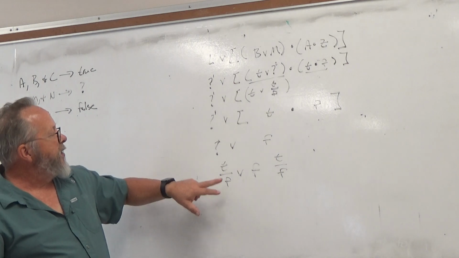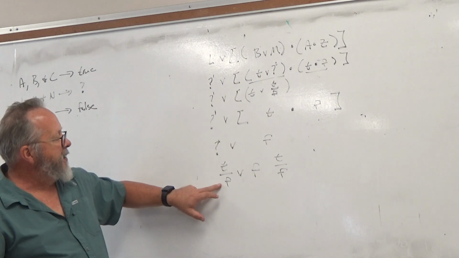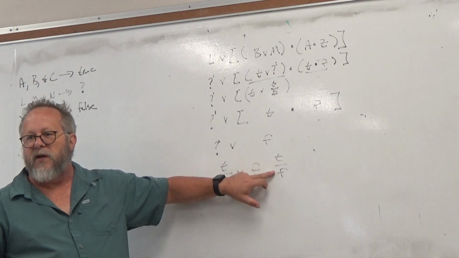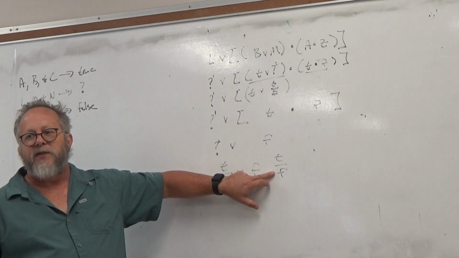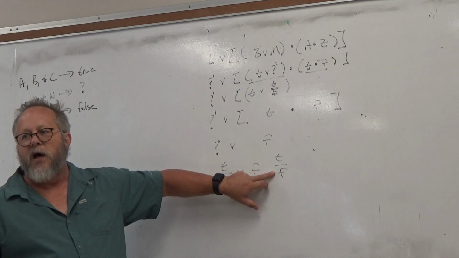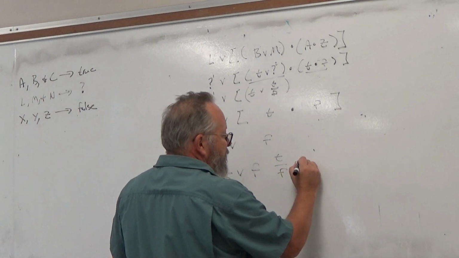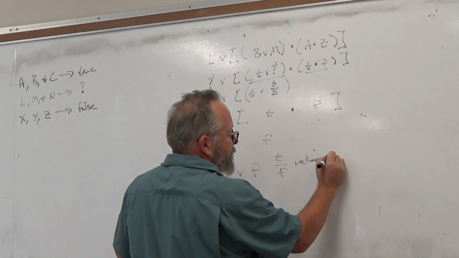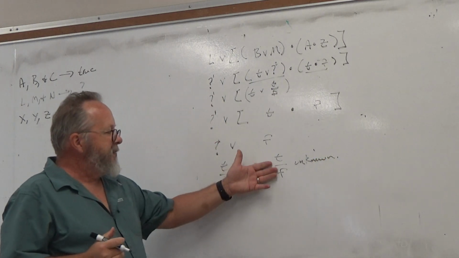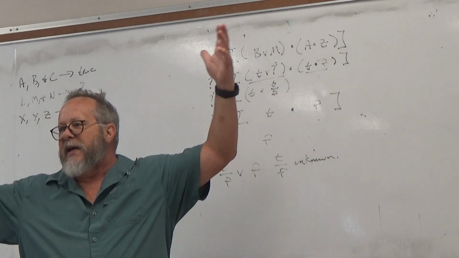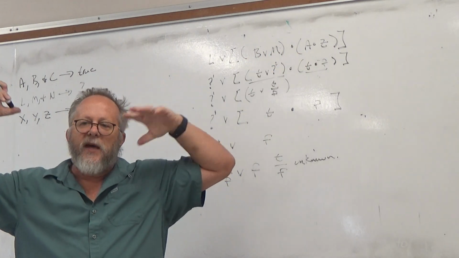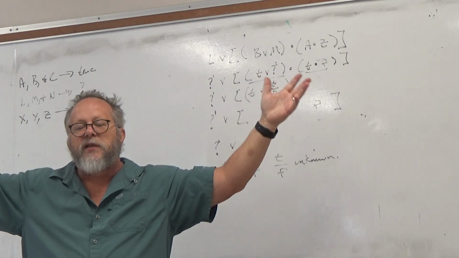So depending on whether we assumed L is true or L is false, we get different results. And so when we get different results, what do we say? Unknown. Okay, so the final answer here would be unknown. If you got true over true, you would say, hey, it's always going to be true. If you got false over false, you could say it's always going to be false.